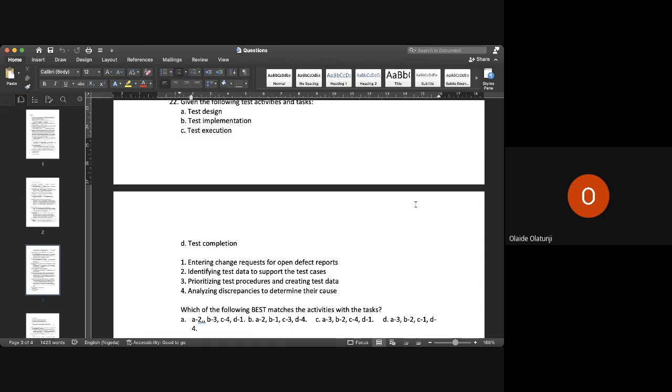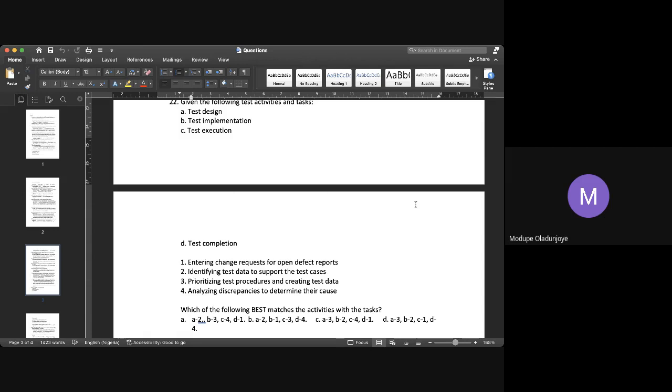Test execution, it says 4, analyzing discrepancies to determine their cause. So now I can reason with this, right? Because during test execution, what we do is we test, right? And we determine which test cases pass, which test cases failed, right?